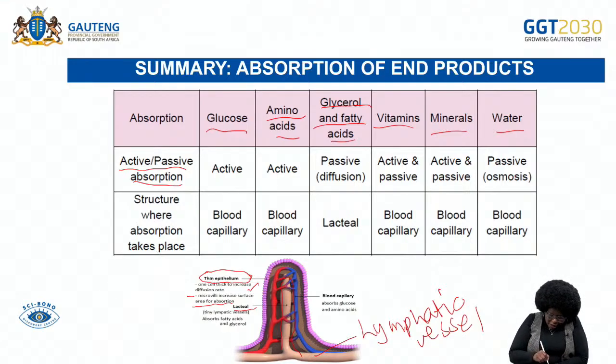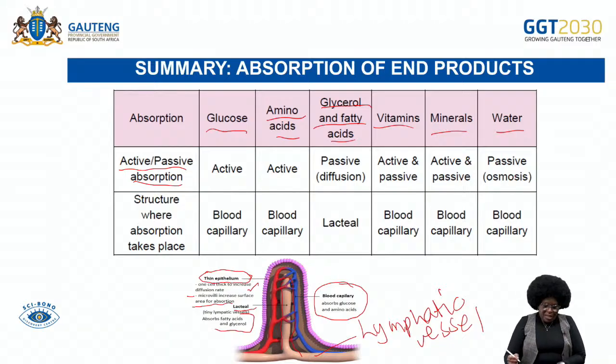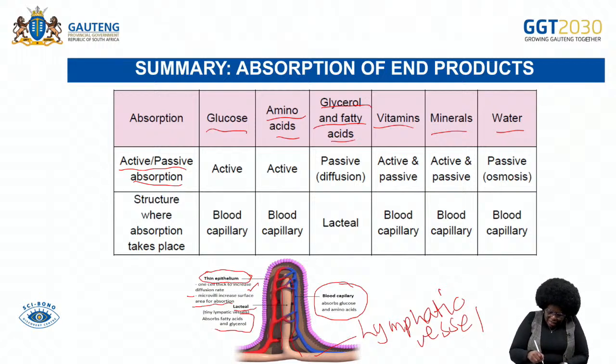So it's for the absorption of fatty acids and glycerol. But if you check, we've got blood capillaries here. They specialize in the absorption of glucose and amino acids. I hope that confusion of not relating to the structure is cleared. You can see the thin film of the epithelium cell that is going to give us the nice, easy area for the diffusion of nutrients.